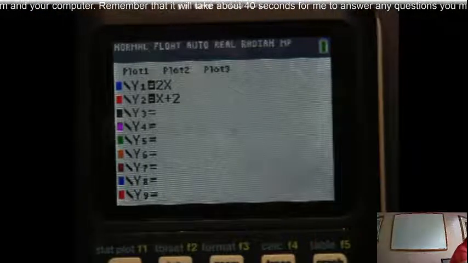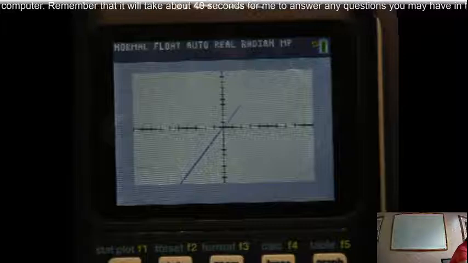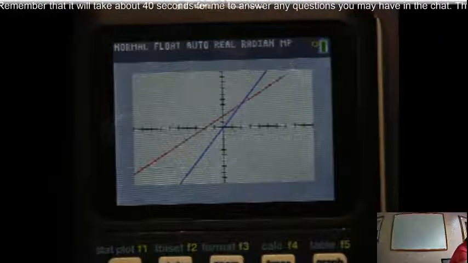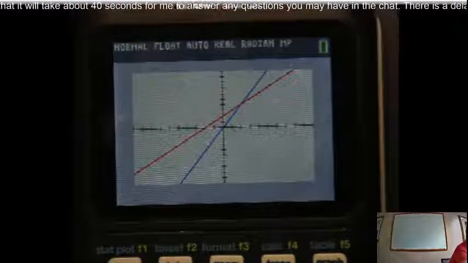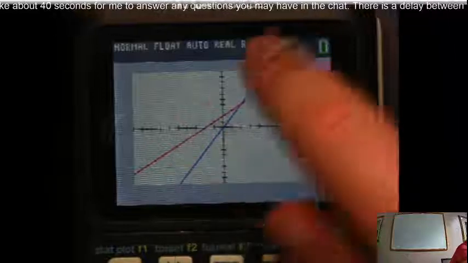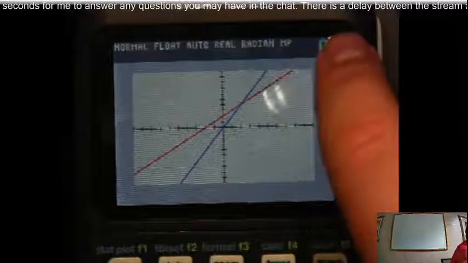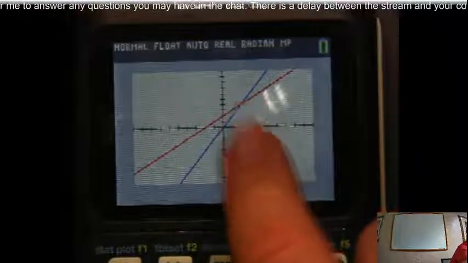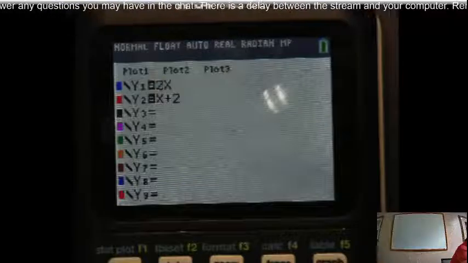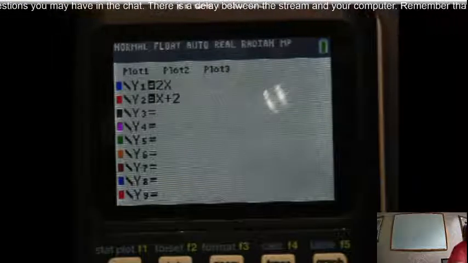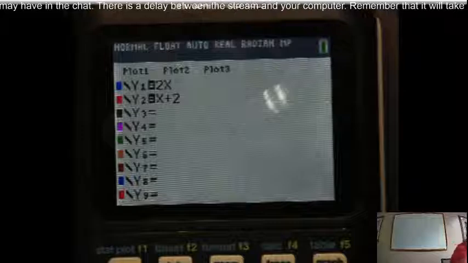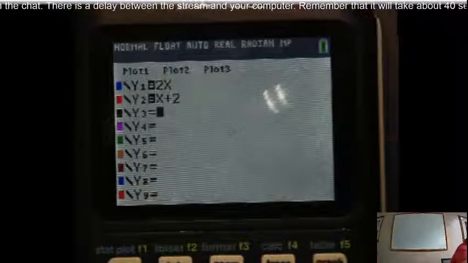And let's go ahead and compare them. So again, f of x is the blue one, g of x is the red one. Let's see what happens when we add them together. So remember that when we added them, we got 3x plus 2.